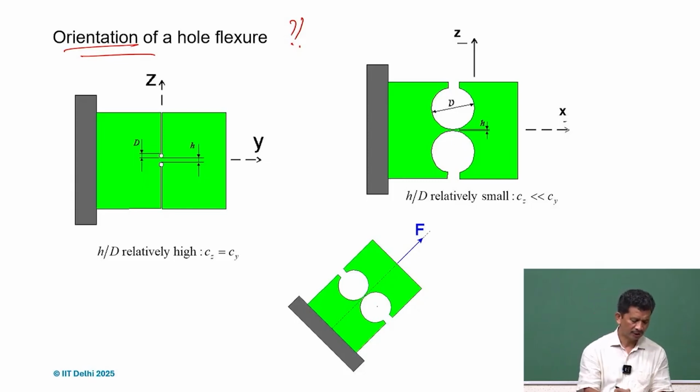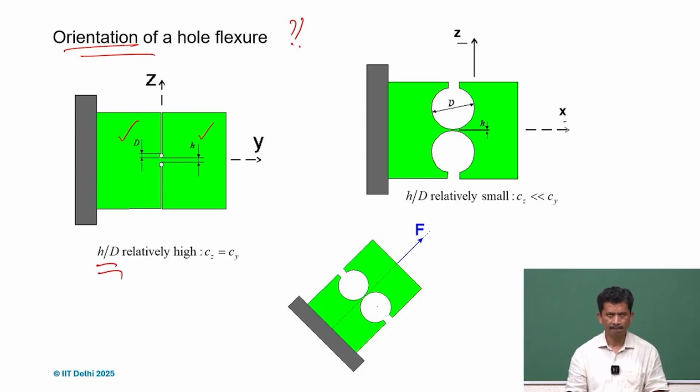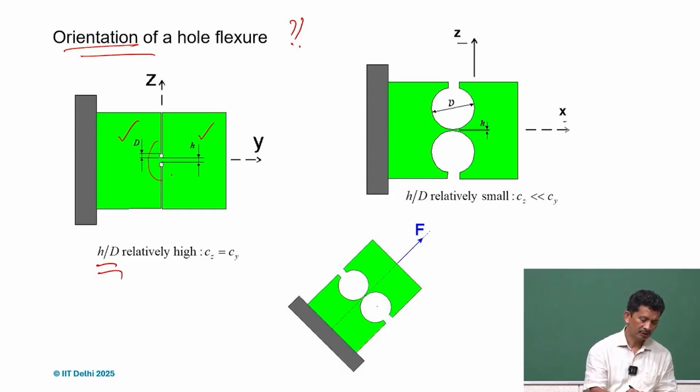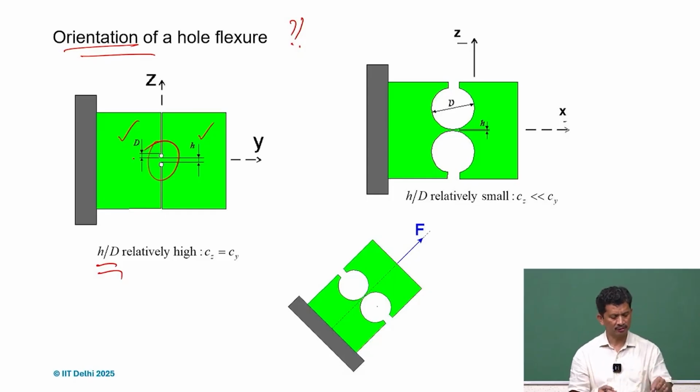So here, h by d is one of the parameters. If that h by d ratio is high, then what does it mean? It means the thickness is really high, and the stiffness in the CZ and CY direction will be equivalent, right?